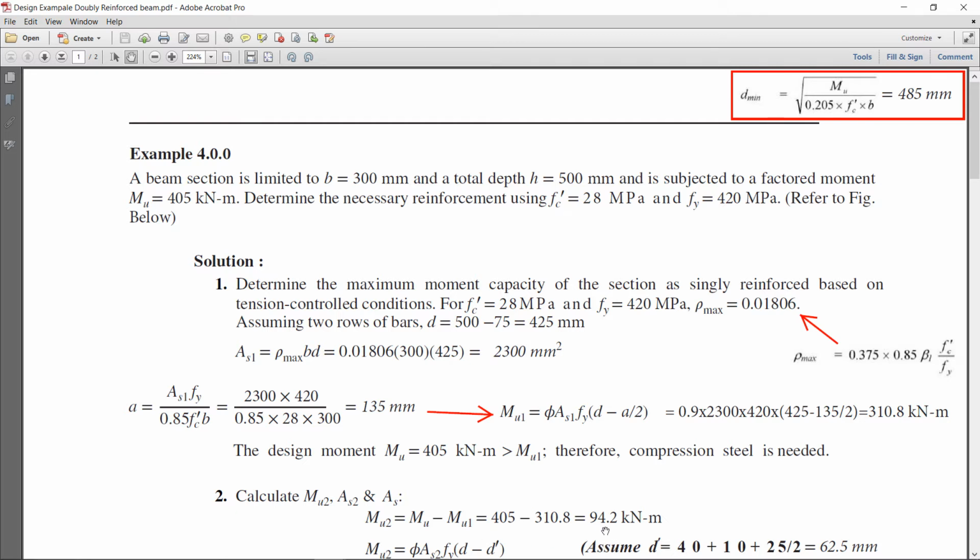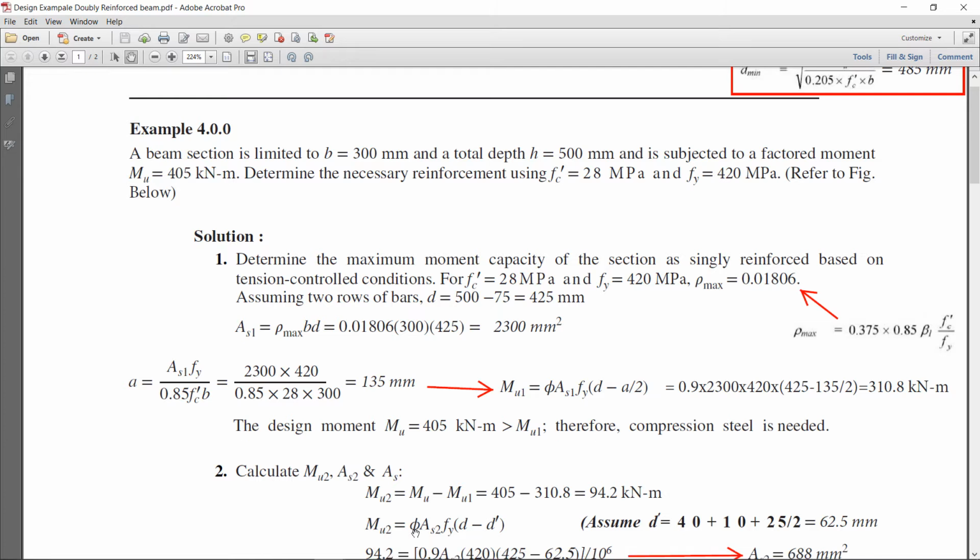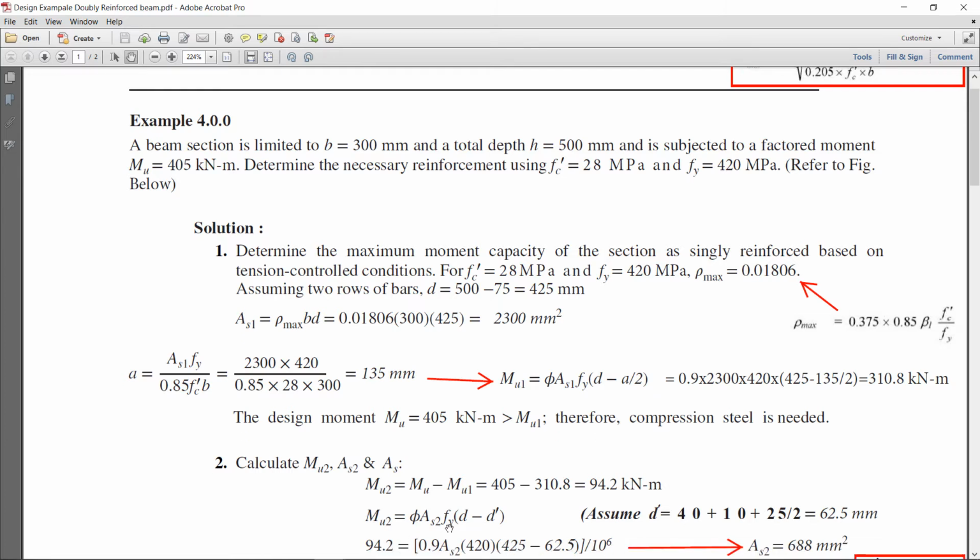So that is 94.2 kilonewton meter. The moment capacity formula for the compression steel is phi As2 fy into d minus d dash. In this equation we have Mu2 over phi. We are assuming that our compression steel is also yielding, so that's why we are using the factor 0.9.